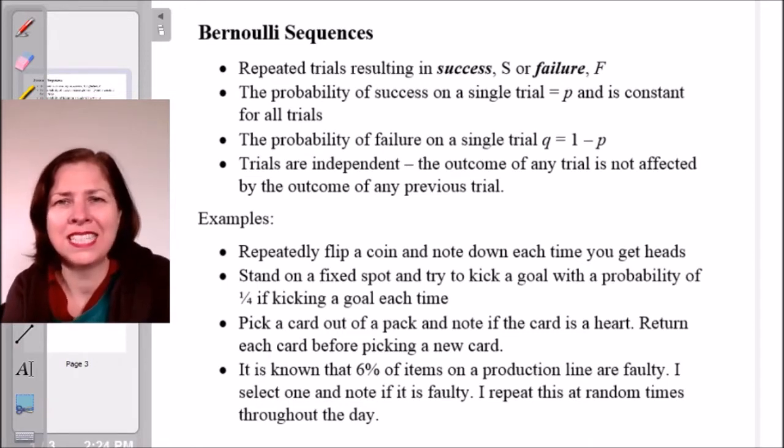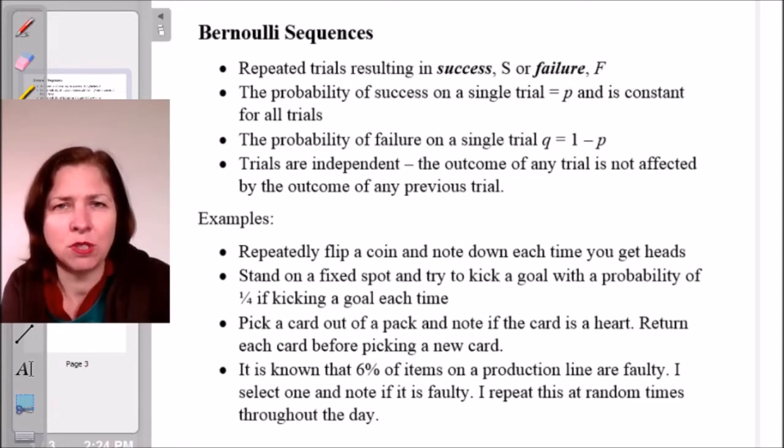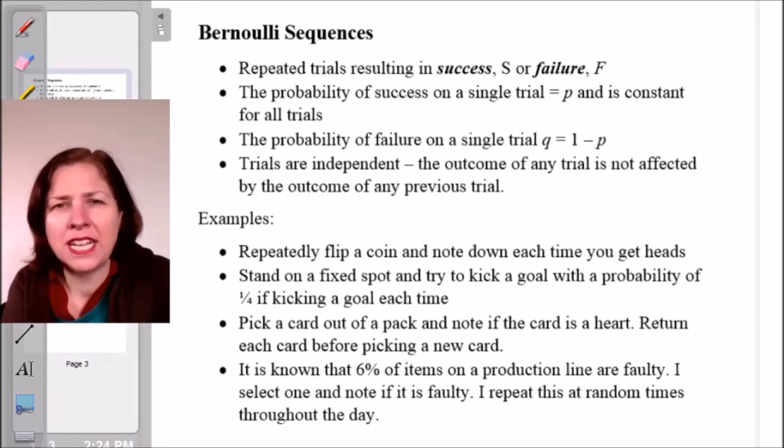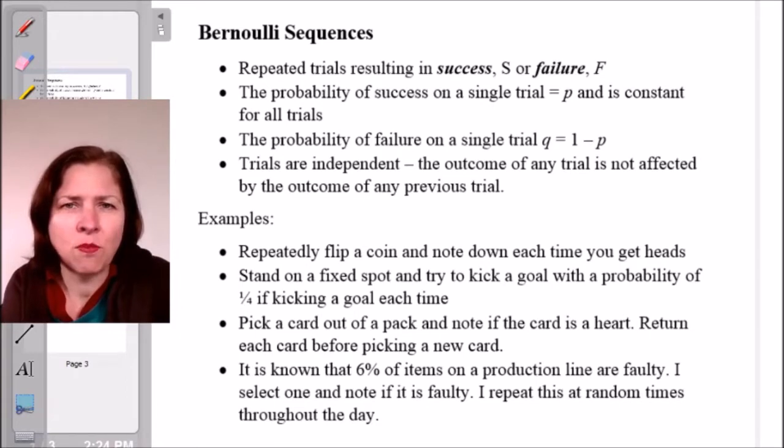Now, of course, the word success and failure has implications for us of good and bad, but that's not always the case. So anything where there are two distinct outcomes where you could call one success and one failure would be an example of this.